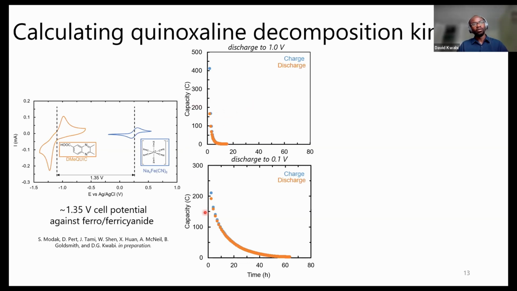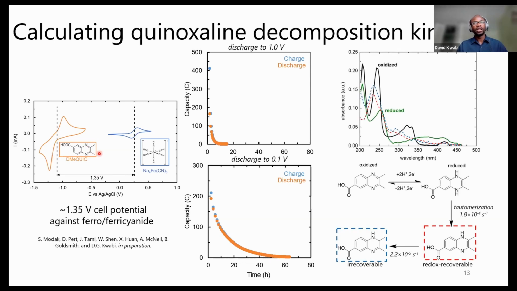So we've done a lot of flow cell cycling on this particular molecule. We determined that it undergoes a two-step decomposition. The reduced form of this molecule decomposes into a tautomer, one form of which is redox recoverable, and another form which is not recoverable. And we did this again using the spectroscopic techniques I've introduced.